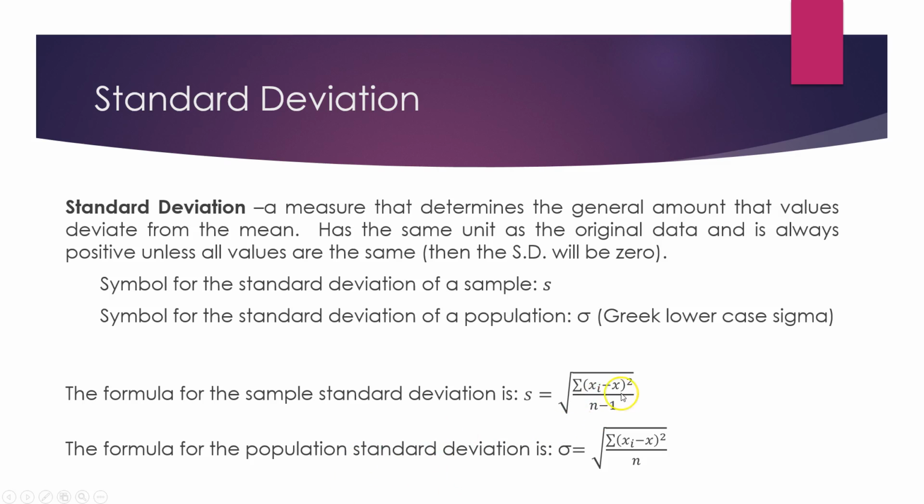So for this reason, you take one away from your sample size and it ends up making the sample standard deviation closer to the population standard deviation. So that explanation is, again, actually very technical. So it's just important to understand that there is a little bit of a difference to make, but you won't be very affected by it in general.